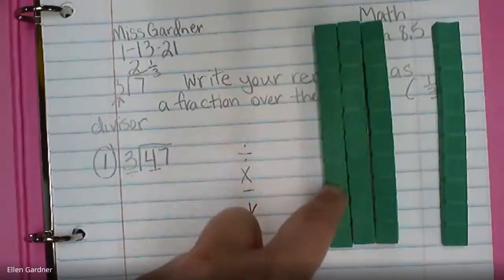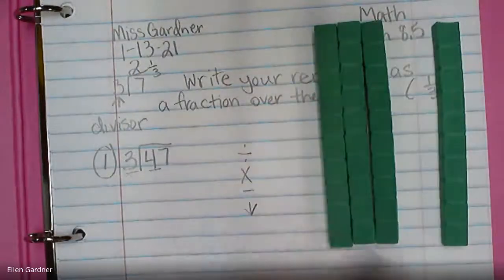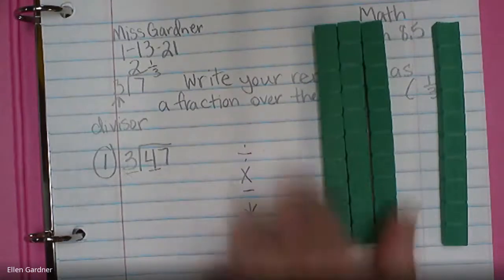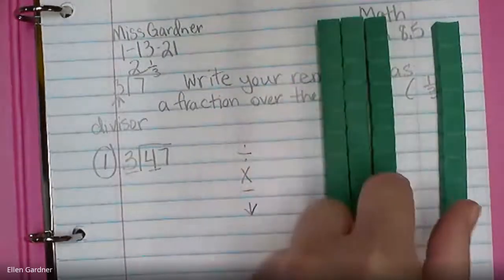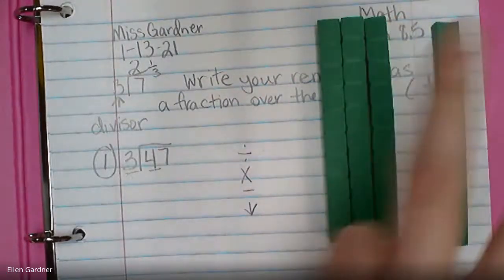I don't really get the question. How many groups of 3 are in the number 4? Here's one group of 3 in 4. Do we have enough for 2 groups of 3?